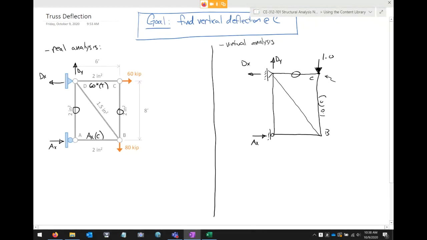And AD is zero force. Exactly right. So yeah, there's a lot that you can figure out. You can also say that this is going to be AX in compression.